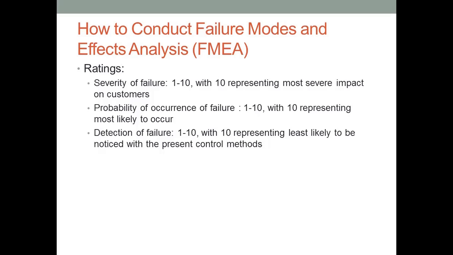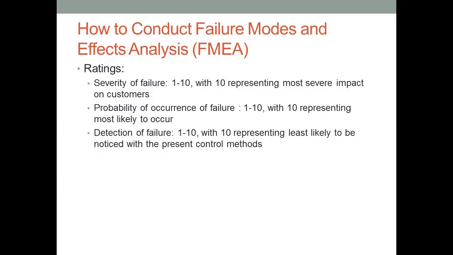So ratings, severity of failure could be from 1 to 10, 10 representing the most severe impact on customers or other stakeholders. Probability of occurrence of failure could be from 1 to 10, with 10 representing the most likely to occur, something that would occur sooner or later.